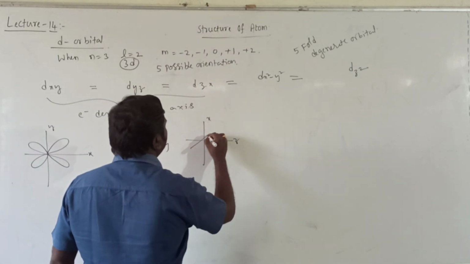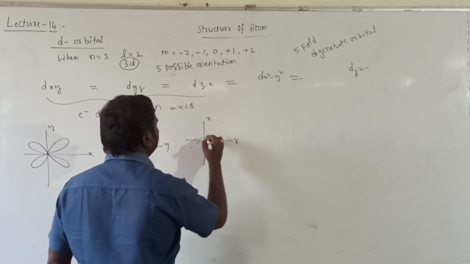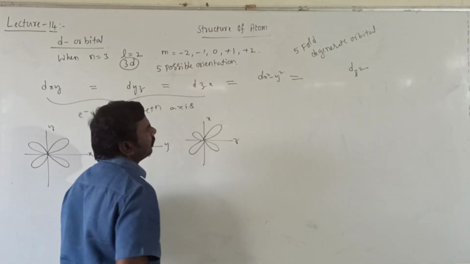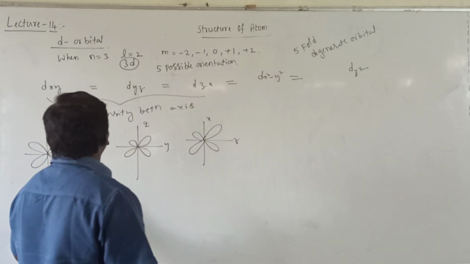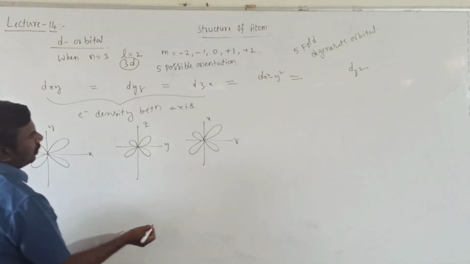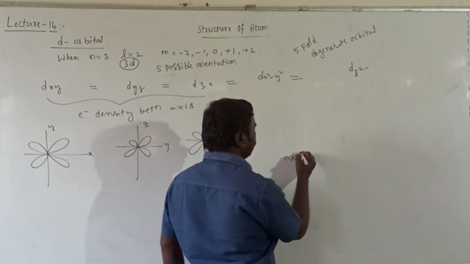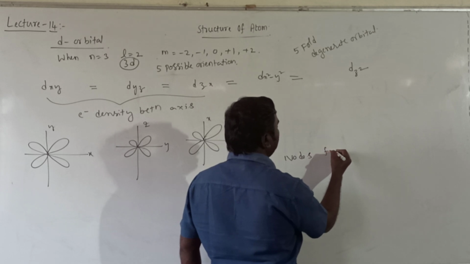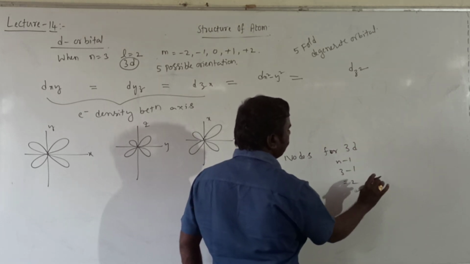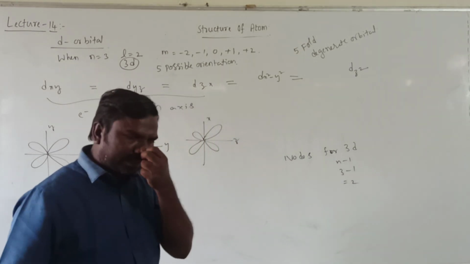Zx, between the axis, electron density between the axis, right? Now here 3d, number of nodes for 3d, n minus 1 means 3 minus 1, that is equal to 2 nodes.